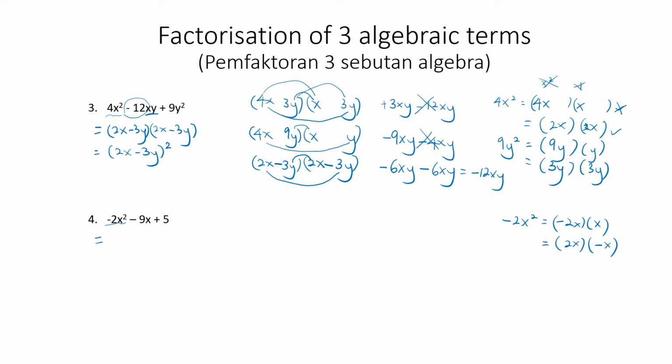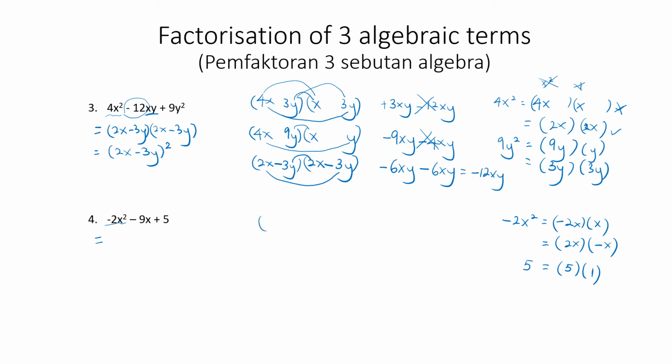So these are the possible factors for negative 2x squared. And for 5, there's only one possibility, that is 5 multiplies with 1, or 1 multiplies with 5, which is still the same.